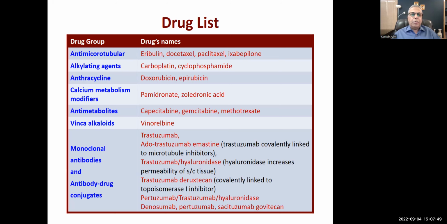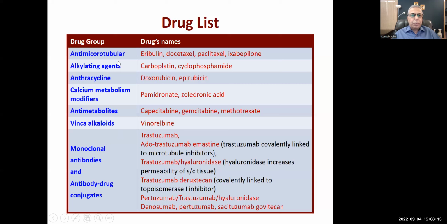So anti-microtubular drugs, which impair the functioning of the microtubules in the cells, are eribulin, docetaxel, paclitaxel, and ixabepilone. Alkylating agents are carboplatin and cyclophosphamide. Anthracyclines are doxorubicin and epirubicin, and let me remind you that they are cardiotoxic.